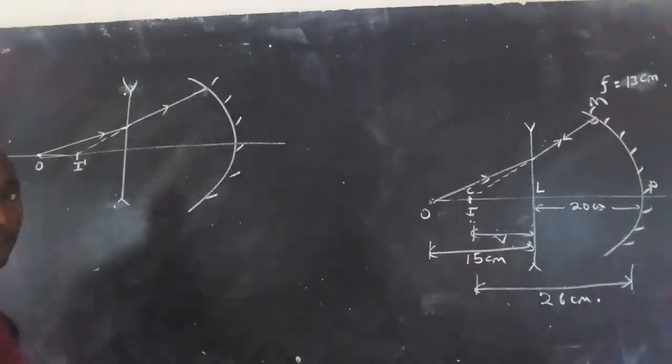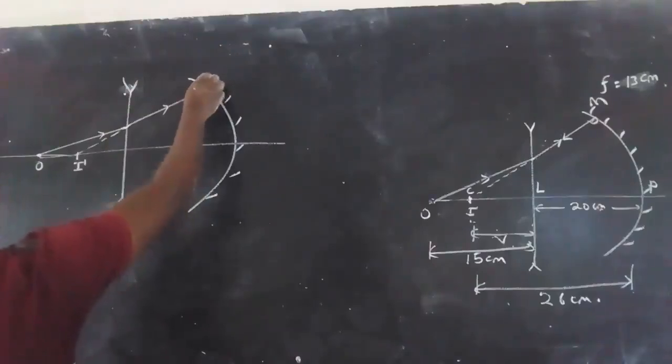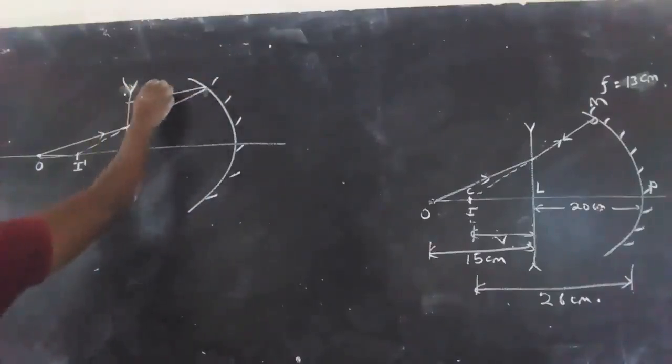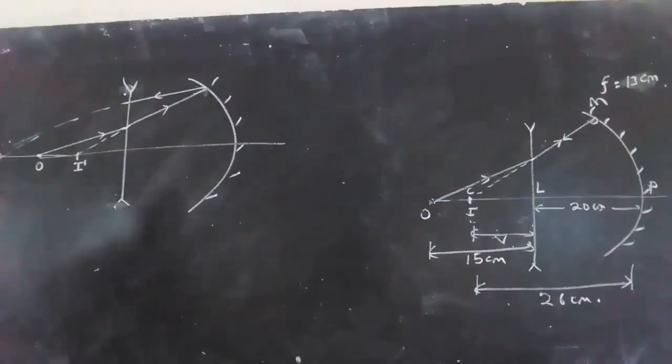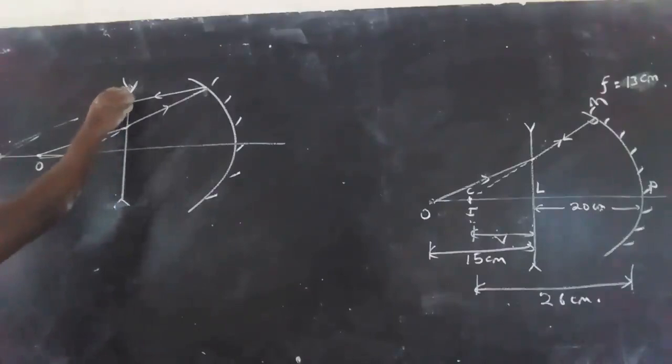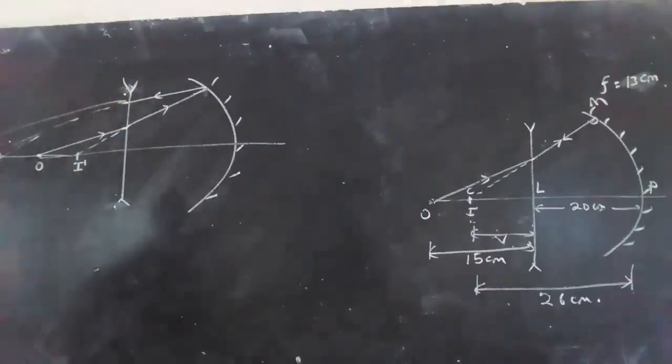So there is an angle of incidence and an angle of reflection at this point. It will be reflected back like this and forms an image somewhere here. After forming an image there, the lens does refraction, so it diverges and forms the final image on this side.